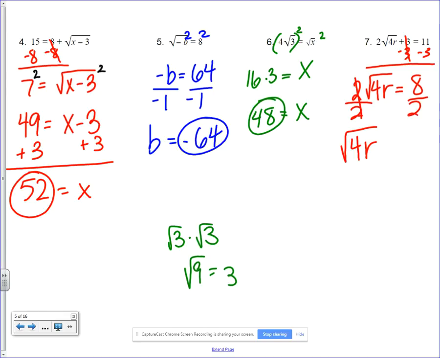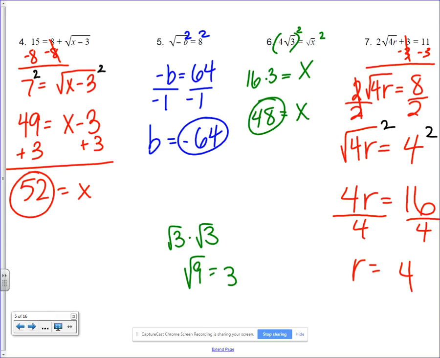So the square root of 4r equals 4. Square it to get rid of the square root. So the square root disappears. I have 4r equals 16. So r is... good. Good.